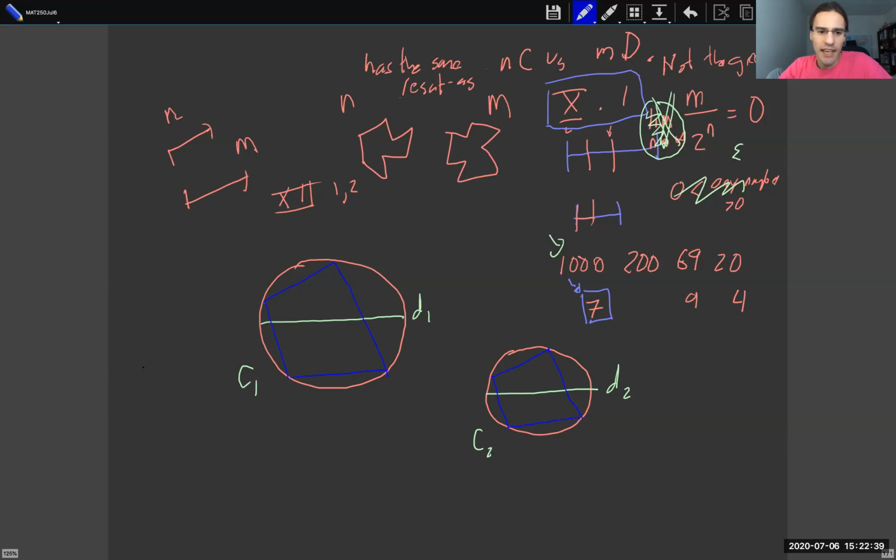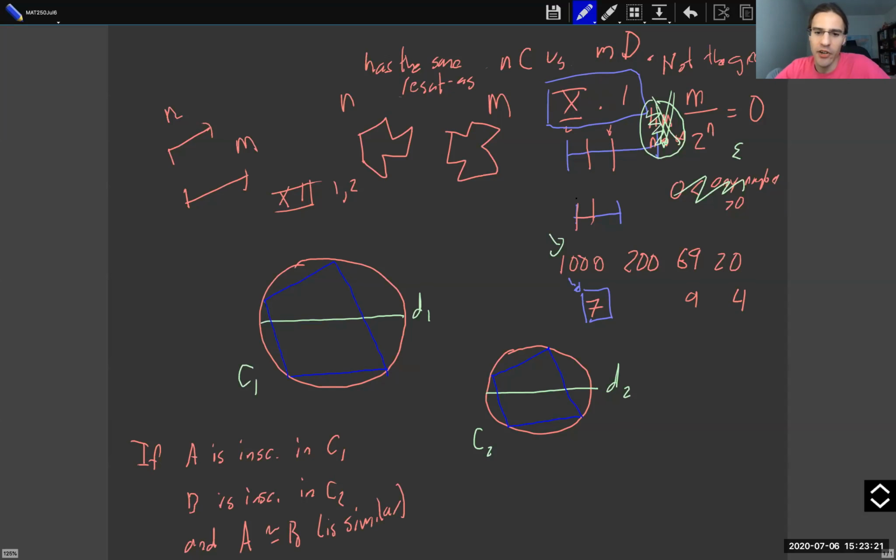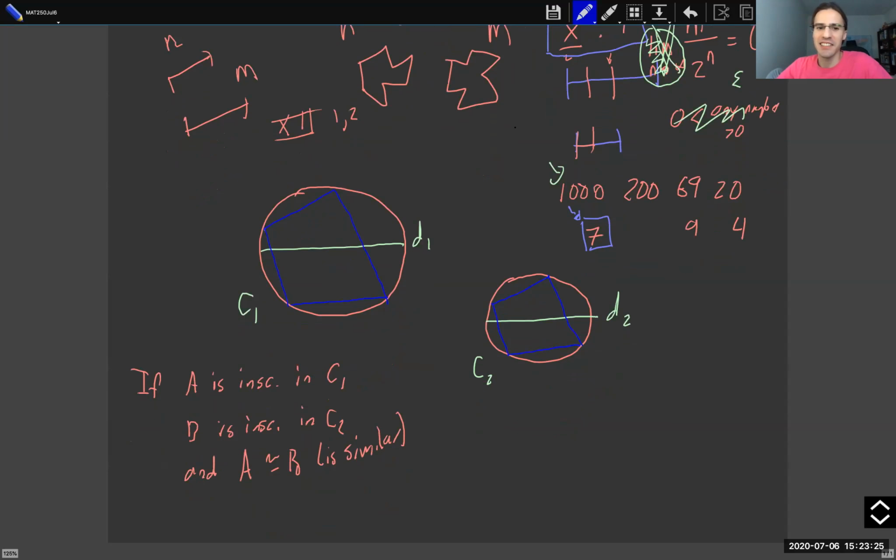What Eudoxus shows is that if A is inscribed in C1 and B is inscribed in C2, and A is similar to B, in other words one is obtained by scaling the other, the angles are the same, and the ratios of the sides are all equal. However, just talking about the angles being the same is enough to capture this notion.